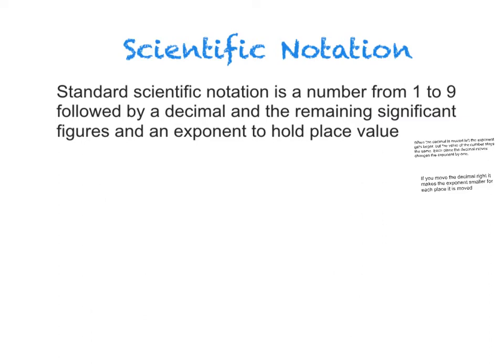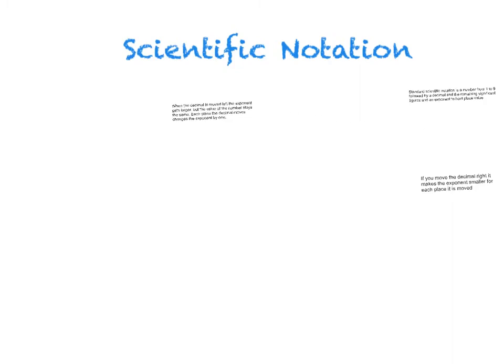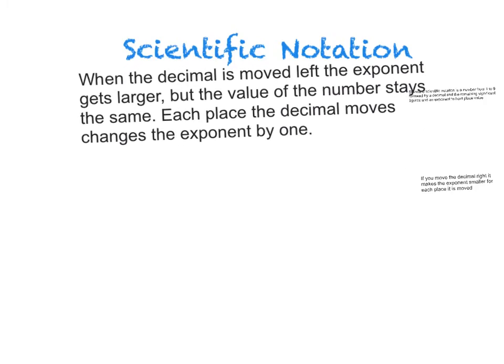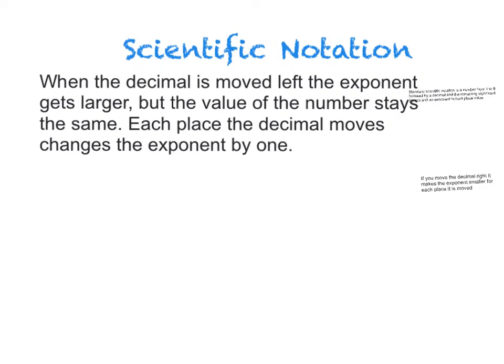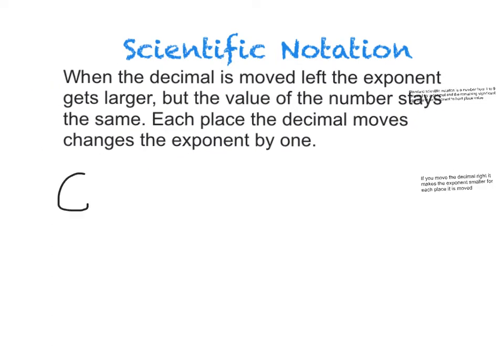Now that we have a basic understanding of what scientific notation is, we're going to practice writing a couple of numbers in scientific notation. Let's say, for instance, we have the number 65,000. What we are trying to do is write this as a number from 1 to 9 while still maintaining the same number of significant figures.